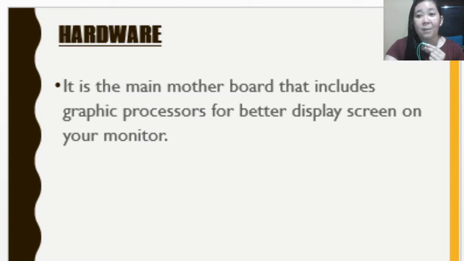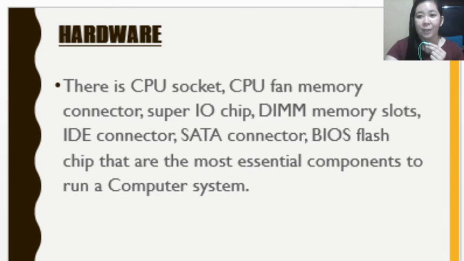It is the main motherboard that includes the graphic processors. The purpose is for a better display screen in the monitor, because of course the data has to be seen, especially in the processing of the data. There is the CPU socket, fan, memory connectors, and others, like this one, that are the most essential components to run a computer system.